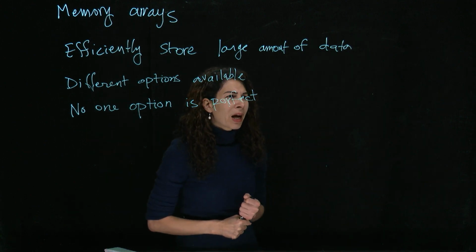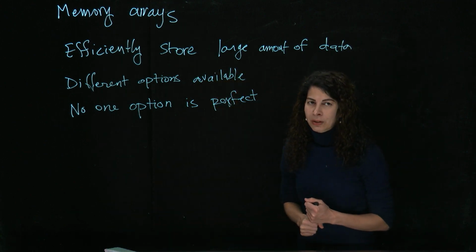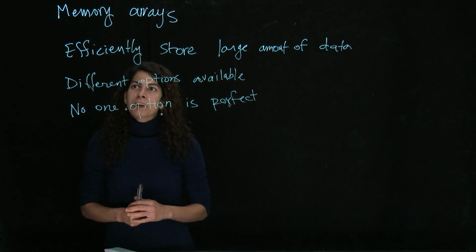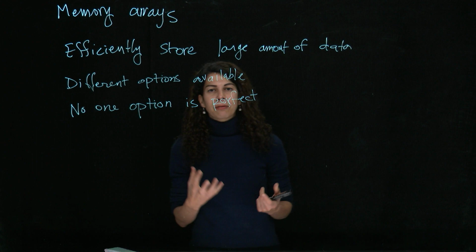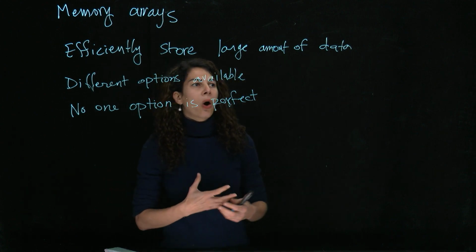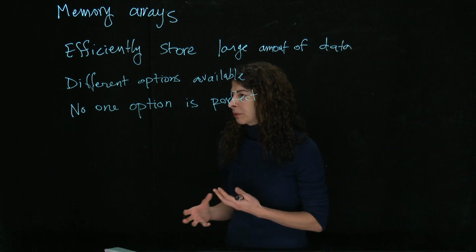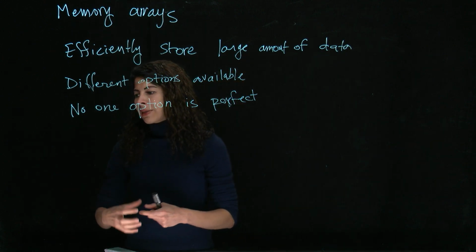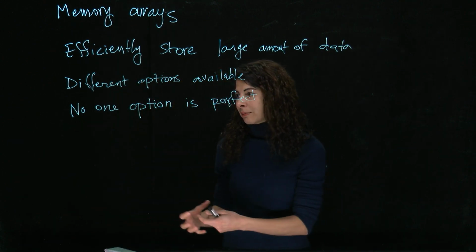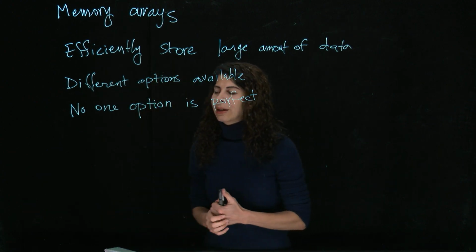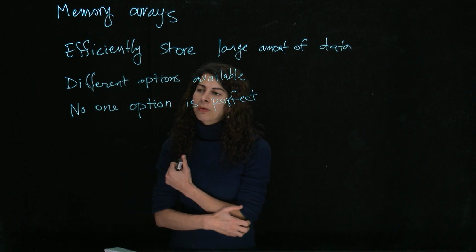There is no one option available in terms of memory. There are different technologies available, and unfortunately, none of them is the best in all different aspects. Some of them have a higher integration. They are smaller, but not as good in performance, and maybe the power performance is also important as well as the timing performance.